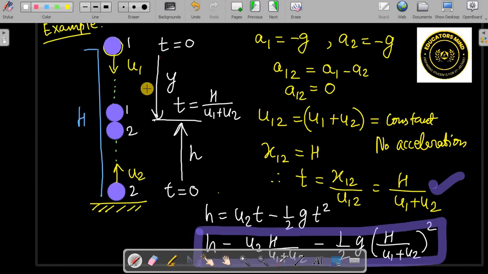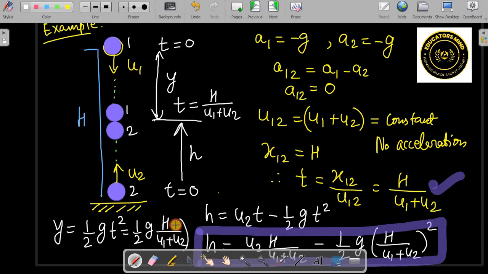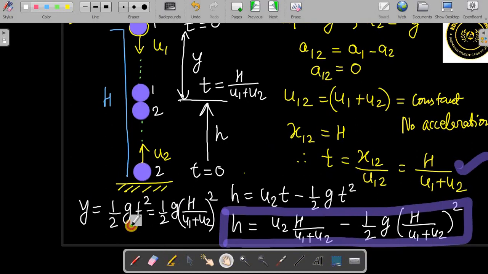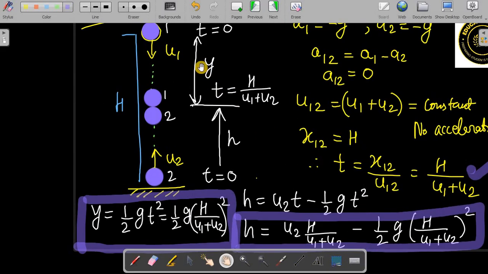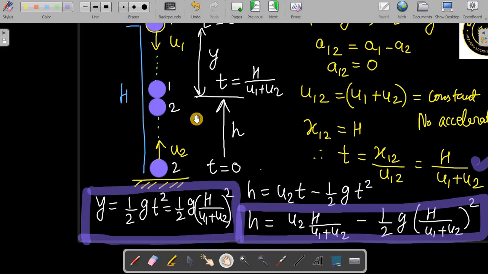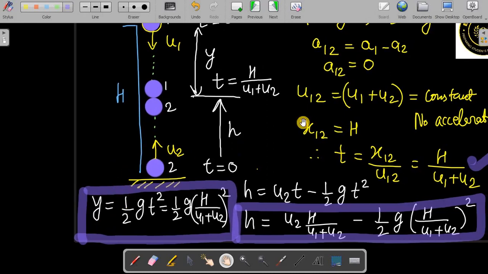Then y will be, with initial velocity 0, half g t square, which is half g, h by u1 plus u2 whole square. Why are we writing plus g here and not minus g? Because for the upper one the motion is downward: velocity downward, acceleration also downward, same direction, so we take positive. Otherwise you may write minus y, since displacement is downward, and minus g, and the minus signs will cancel.